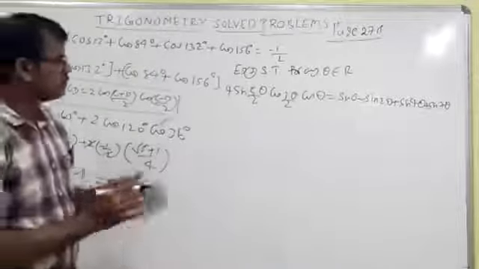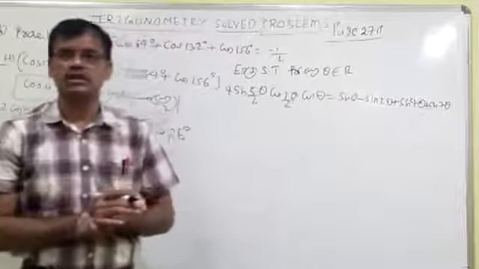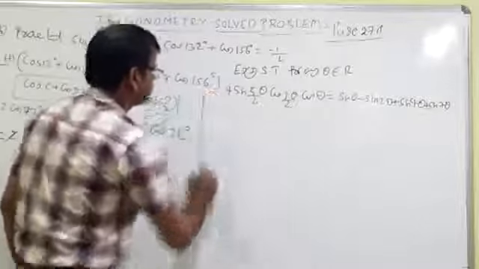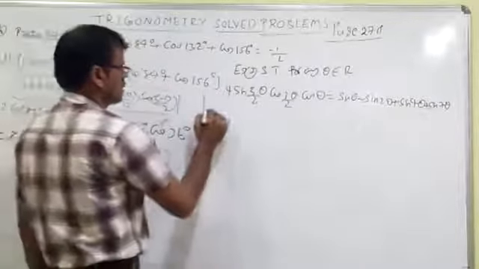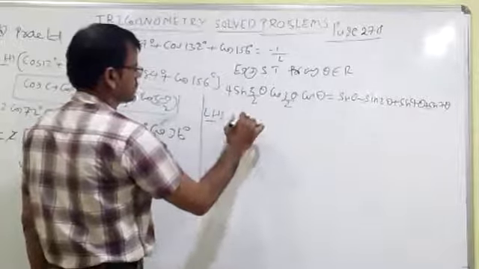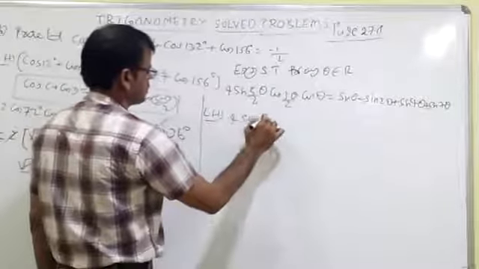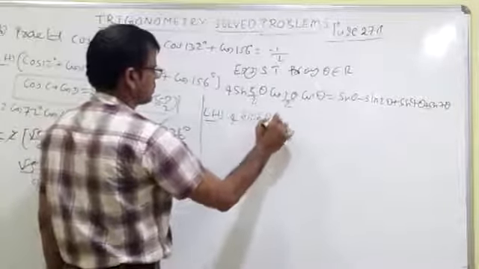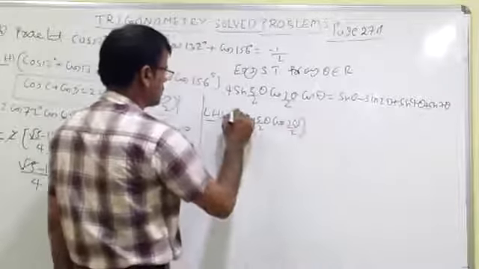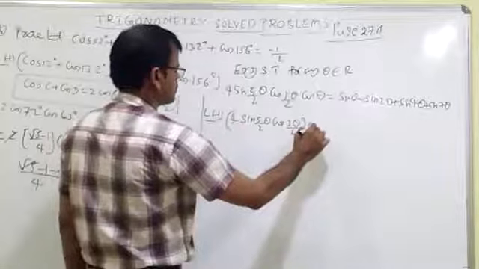This sum we can do by taking LHS to RHS or RHS to LHS also. Anyhow, no problem. Take LHS, you will get the value. Take LHS: 4 sin (5 theta/2) cos (3 theta/2) into cos theta.